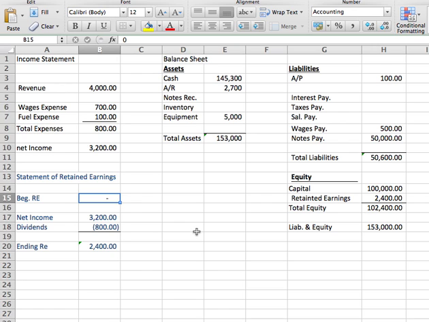The statement of retained earnings only has 4 components: beginning retained earnings, net income for that period, dividends paid in that period, and then ending retained earnings. So in my case, I have beginning retained earnings of 0, net income, and then dividends.